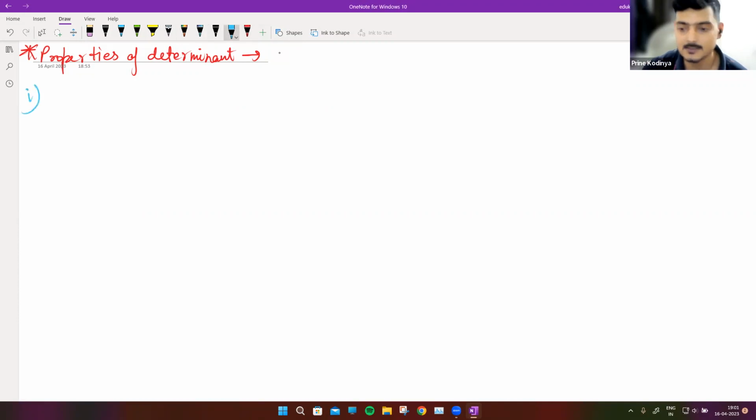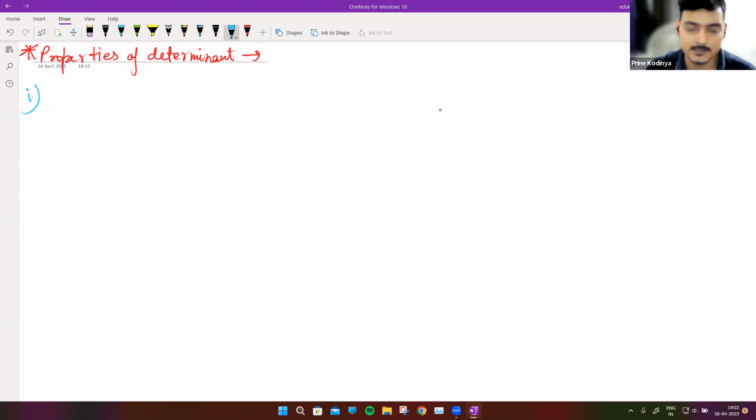The first property says that the value of a determinant remains unchanged if you interchange rows and columns. What does that mean? If I'm interchanging all the rows with all the columns, then we will get the transpose of the matrix, right?